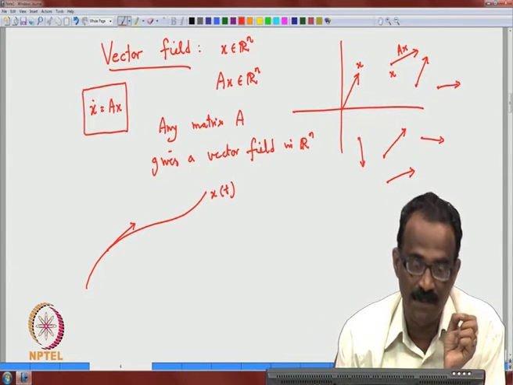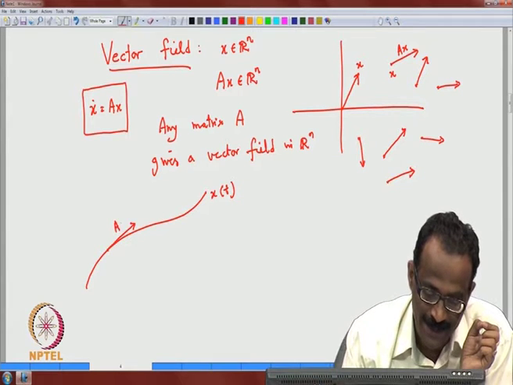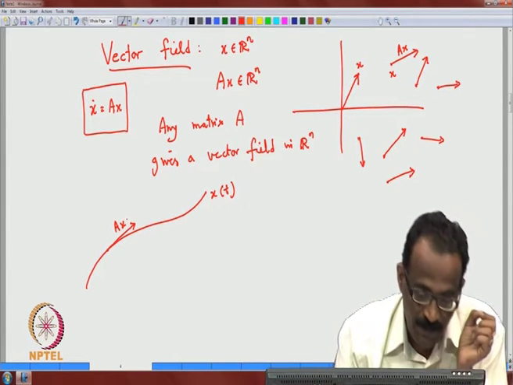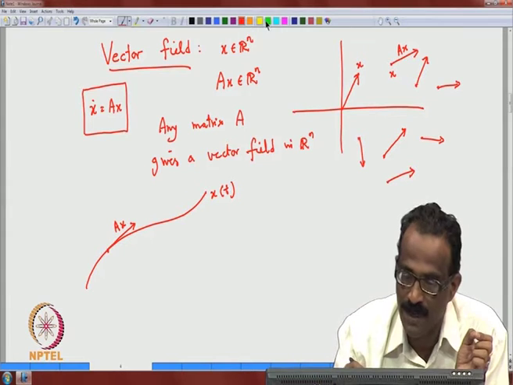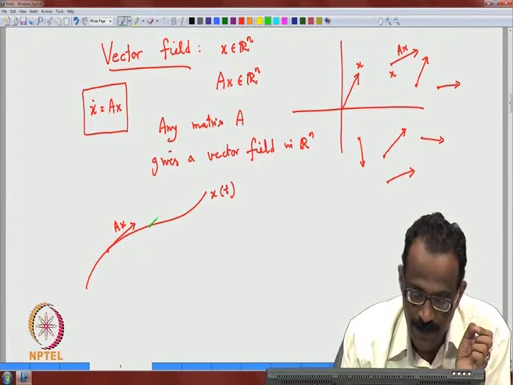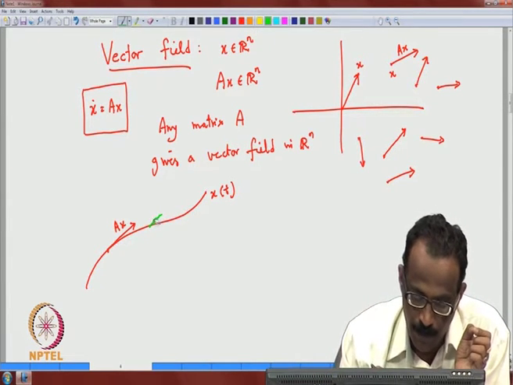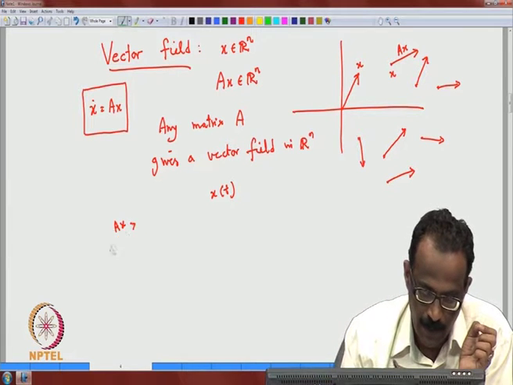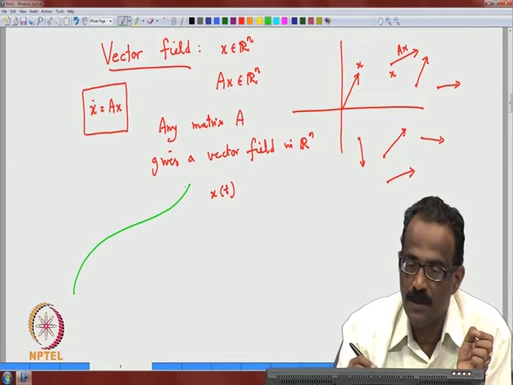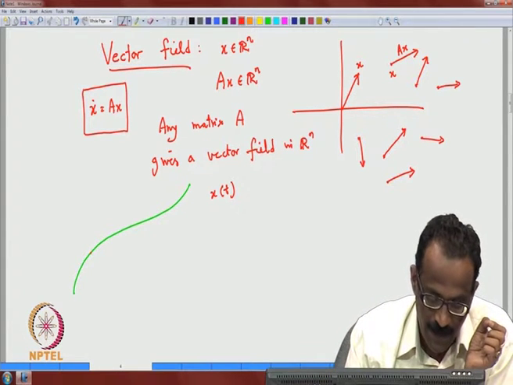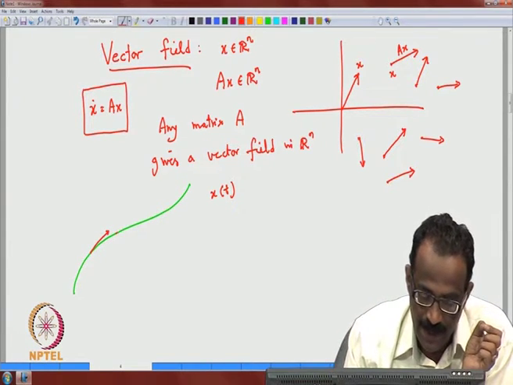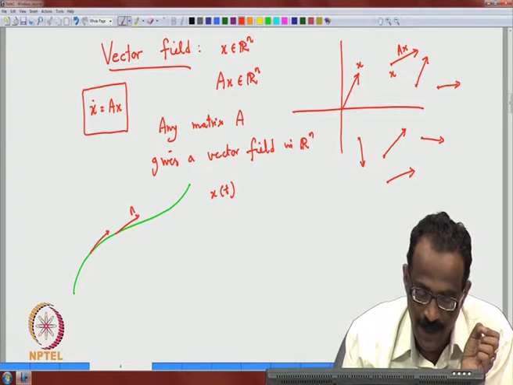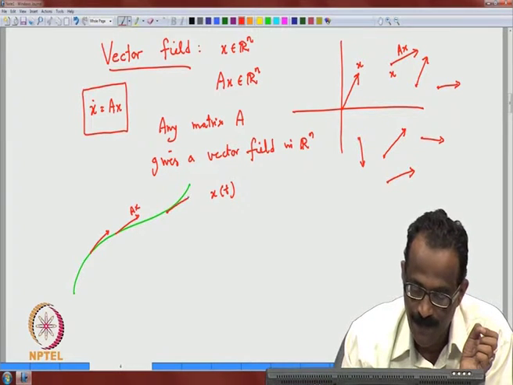This tangential vector field should be Ax, that is what you are looking at. So, the vector associated to each point should be that, we are looking at a trajectory, a solution, and these should all be your Ax, you see.